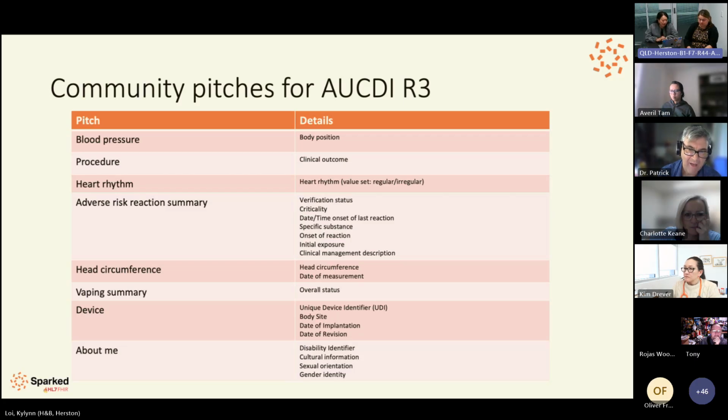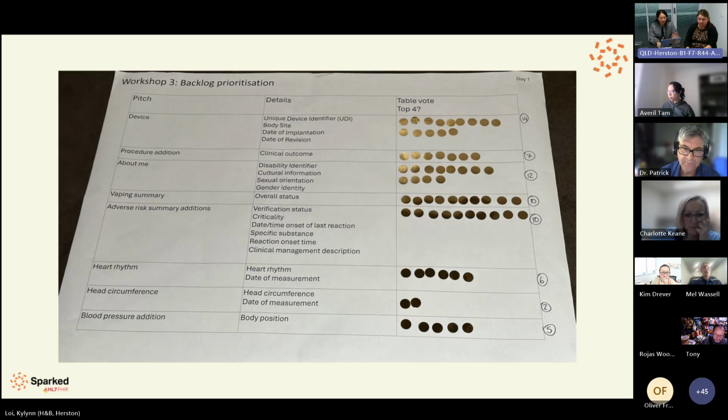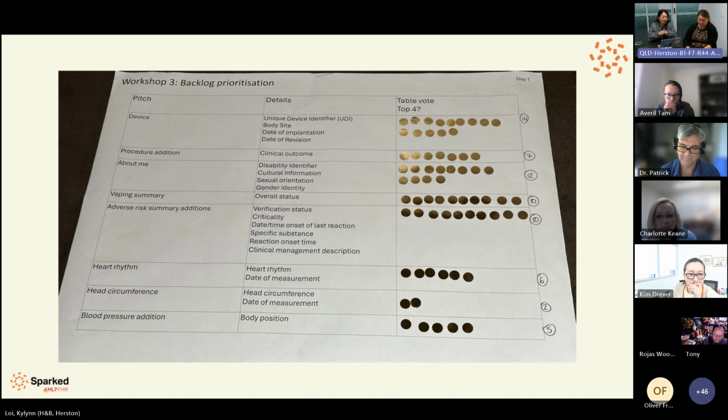There were things around blood pressure, procedures, heart rhythm, adverse reaction risk summary, head circumference, vaping device, and about me. After each of the presenters gave a 5-minute pitch, we got the tables to think about their top 4 priority items that they think we should include in R3, and vote. You can see there's a pretty good spread.